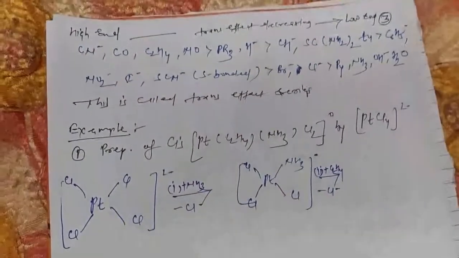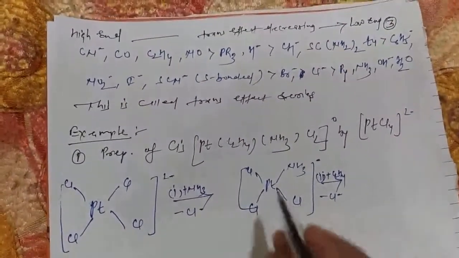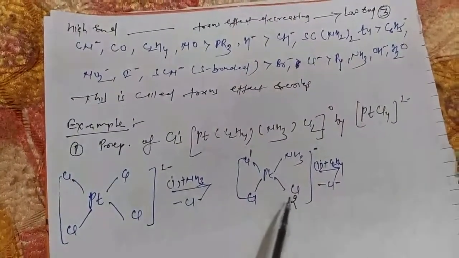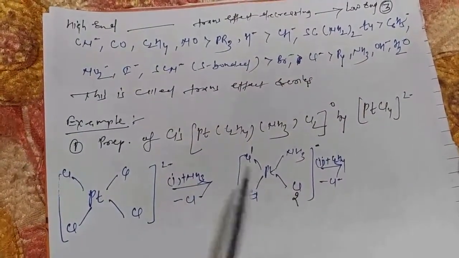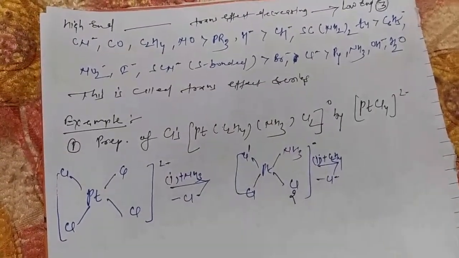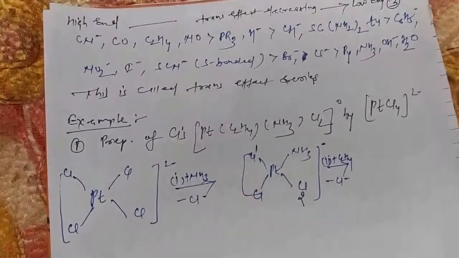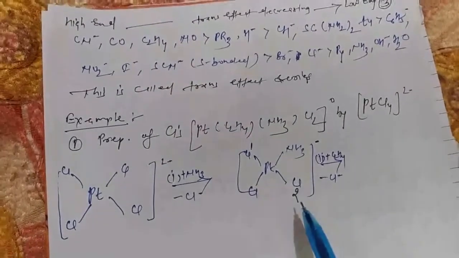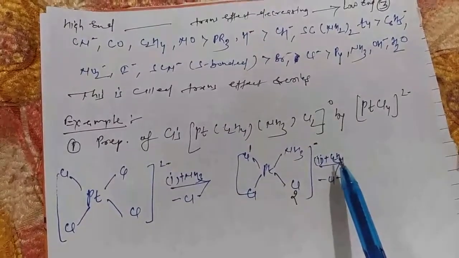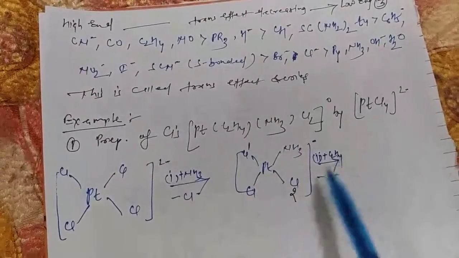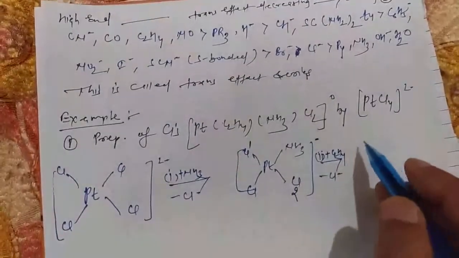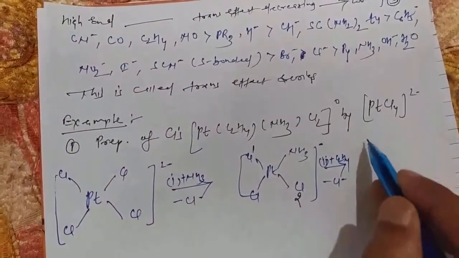If you number the chlorines, chlorine 1 and chlorine 2, then chlorine 2 is trans to chlorine 1. The trans effect of this chlorine is higher, so we can only remove this chlorine, and the substituent is C2H4.